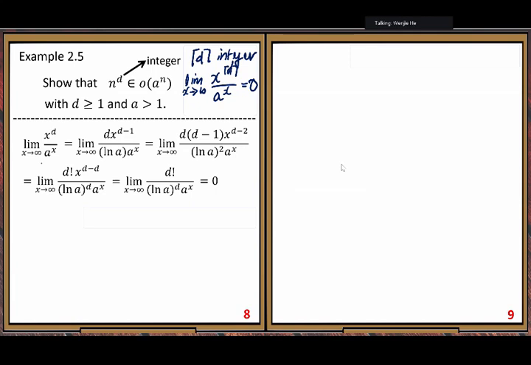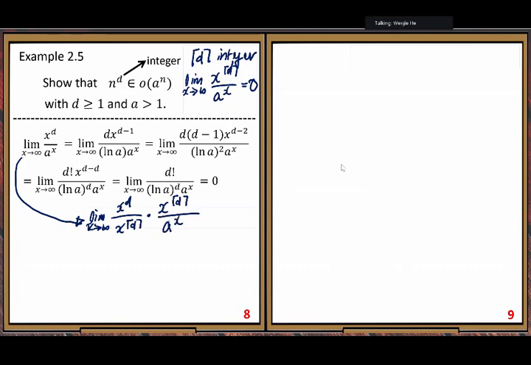Bridge the gap. Okay? So this limit, let me write it in this way. X to the d, original, over x to the ceiling function of d, times x to the ceiling of d over a to the x.